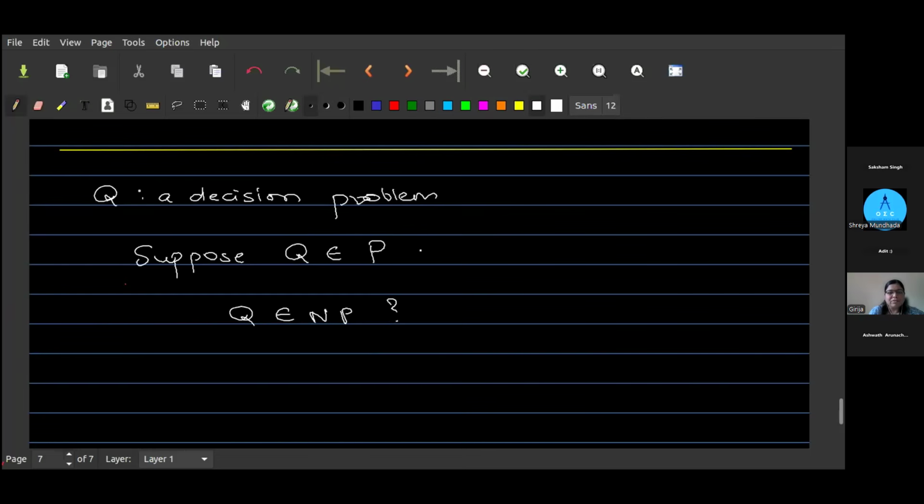Because you have this polynomial time algorithm for Q, the verification is also possible in polynomial time. For the yes, in fact, also for the no case, because you know the answer itself. So if the problem happens to be solvable in polynomial time, then the verification is also doable in polynomial time, both ways, yes as well as no.